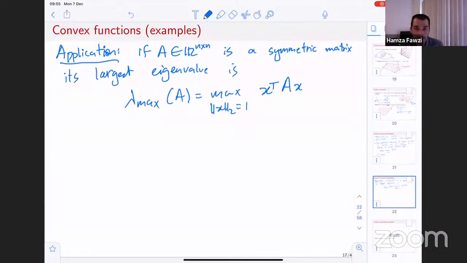This is something that you have seen in linear algebra. The largest eigenvalue of a symmetric matrix is given in this way.